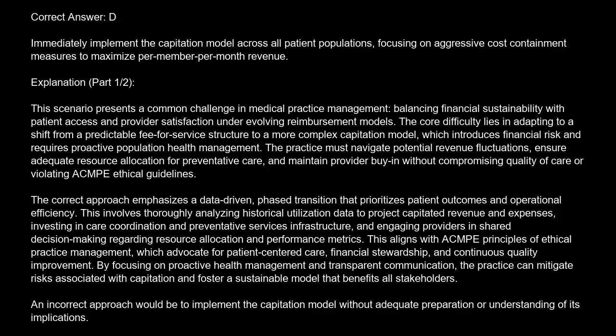This aligns with ACMPE principles of ethical practice management, which advocate for patient-centered care, financial stewardship, and continuous quality improvement. By focusing on proactive health management and transparent communication, the practice can mitigate risks associated with capitation and foster a sustainable model that benefits all stakeholders.